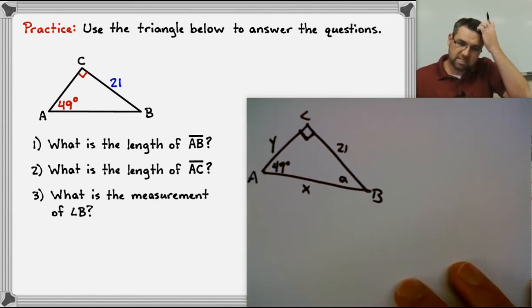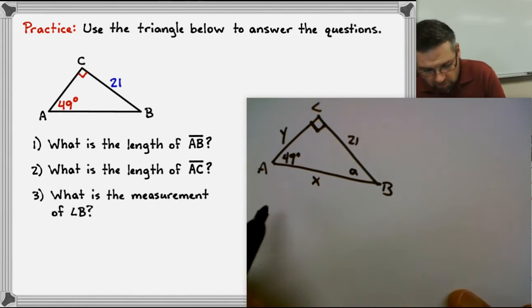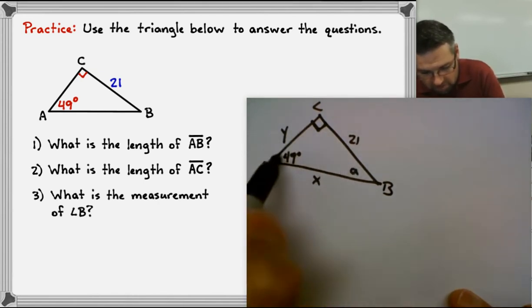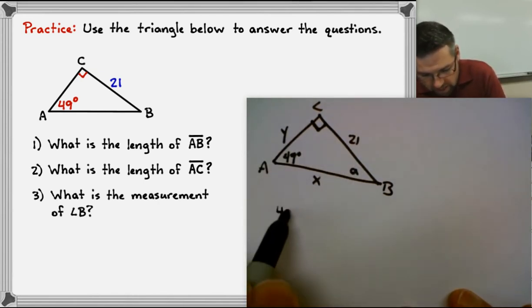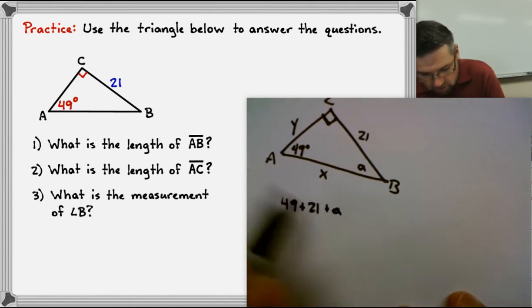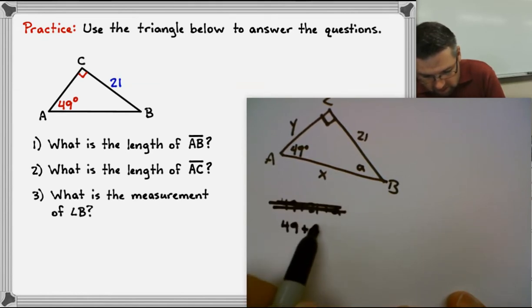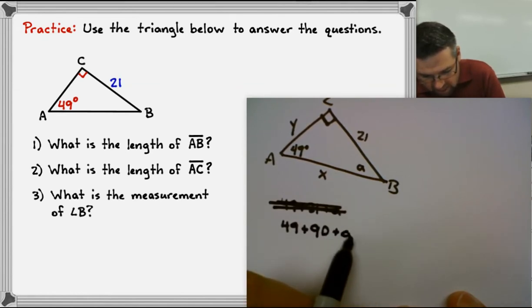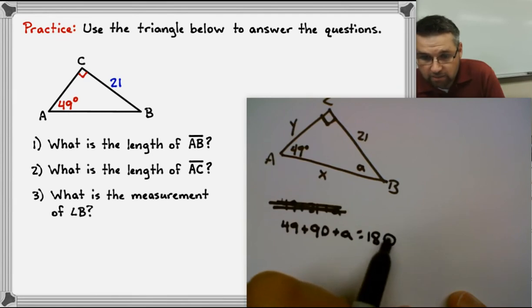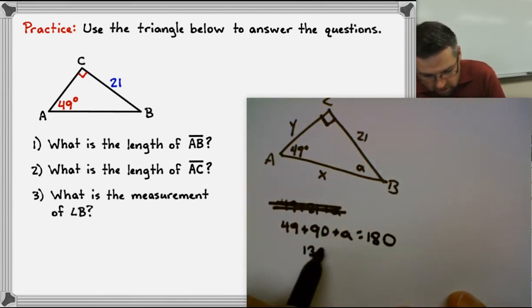Now, I'm going to skip around here because question number 3 is the easiest question to solve, okay? Question number 3, we want to find that missing angle. What do we know about the 3 angles? We know that the 3 angles add up to 180. So we would say, sorry, I wrote that wrong, 49 plus 90 plus A equals 180 because 49, 90, and A. So that's 139 plus A equals 180.